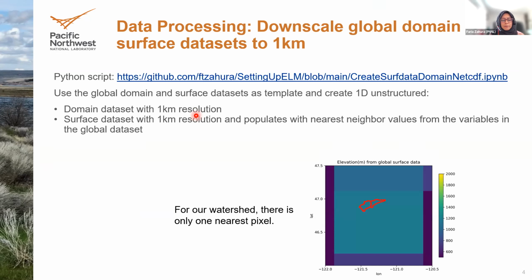The domain data, as I mentioned, is like 1.9 by 2.5. So the script would create grid cell centers that are 1 kilometer apart, and then it would produce a 1D array of latitudes and a 1D array of longitudes.